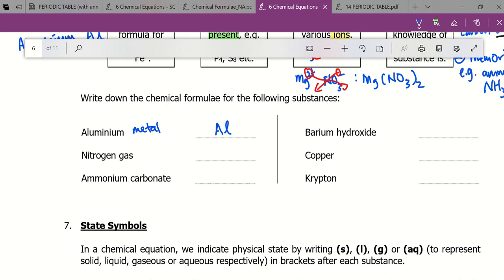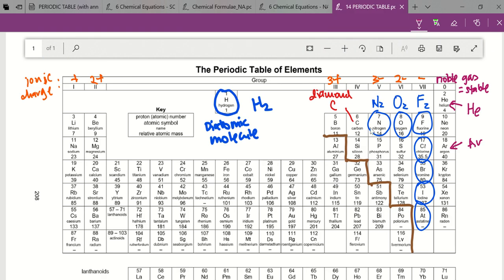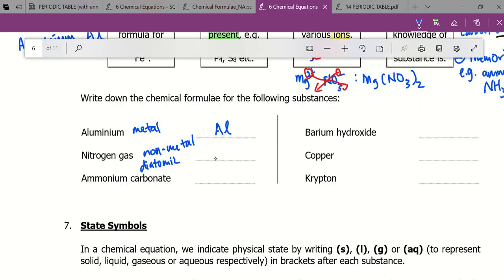Nitrogen gas. This is a non-metal, and it is actually a diatomic molecule, like what we saw in our periodic table here. So the formula will be N2.